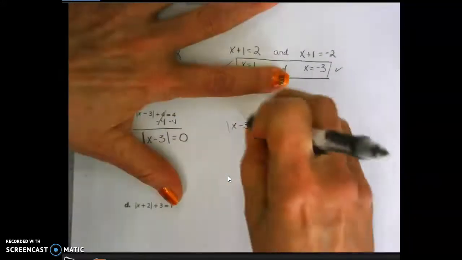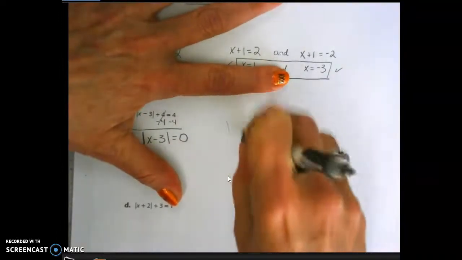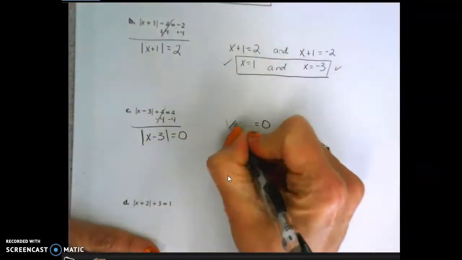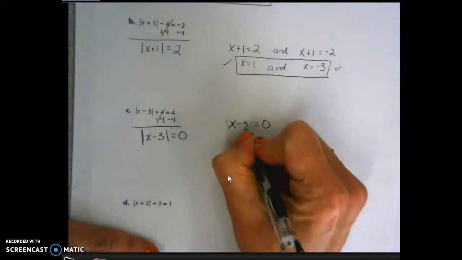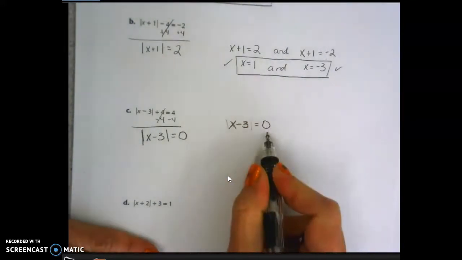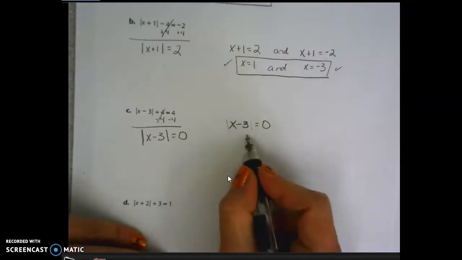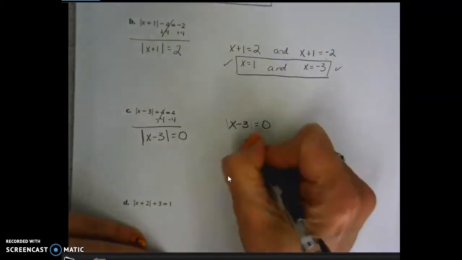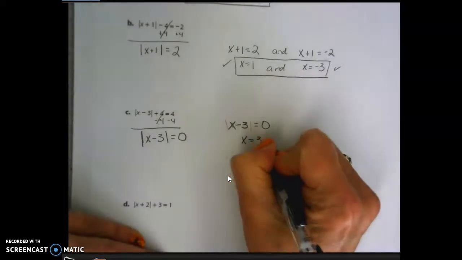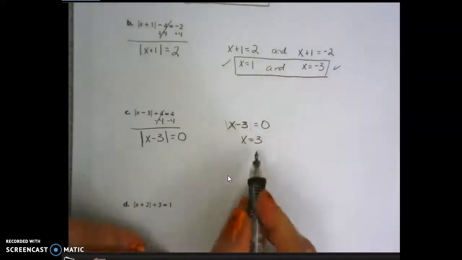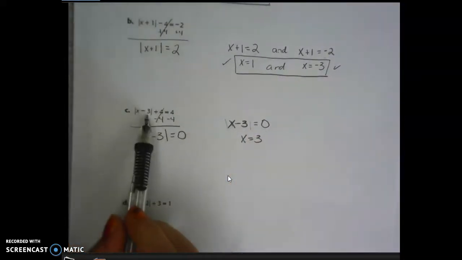Sorry, y'all. So in this case, I only have one possibility. The distance from 0 is 0, and I don't have a positive or negative version of that number. So I can only have one equation to solve. I'm going to add 3 to both sides, and x is 3. That should make sense. 3 minus 3 is 0.